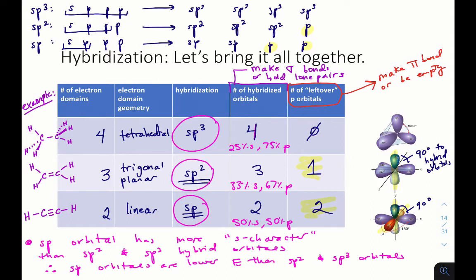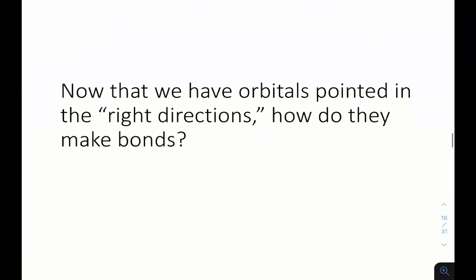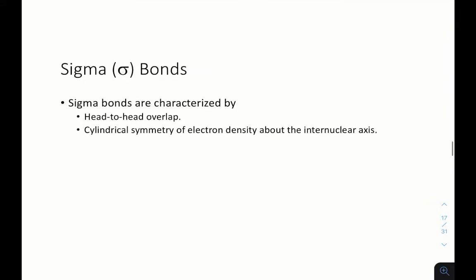But this time you have 2 of them, 2 leftover p orbitals. Now that we have these orbitals pointed in the right directions to explain the VSEPR geometries, what do we do with them? How do they make bonds? Well, they overlap. Let's discuss the different types of bonds that they make when they overlap. Sigma bonds are made from hybrid orbitals.